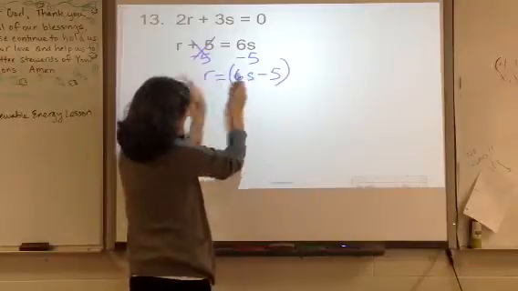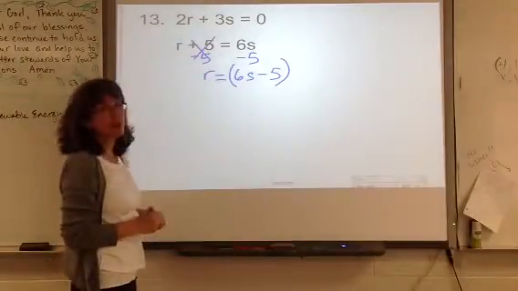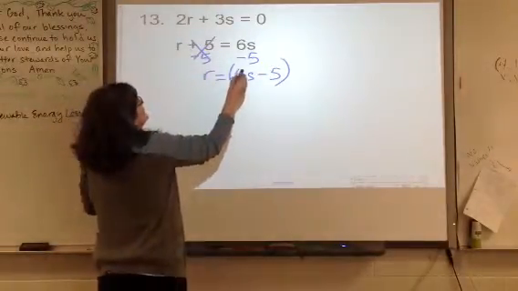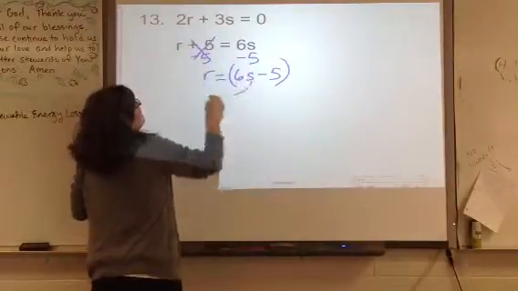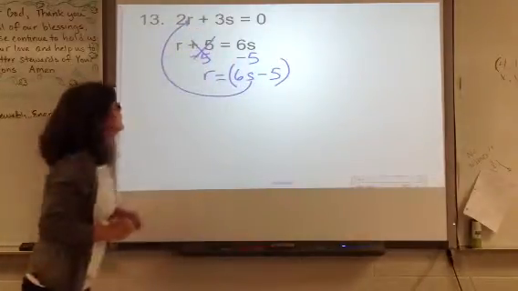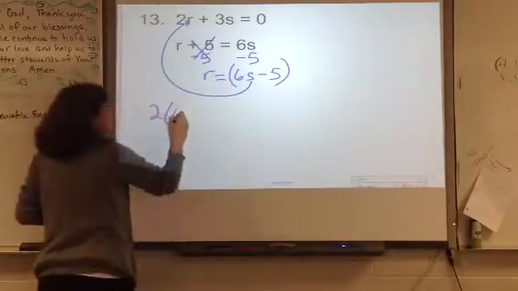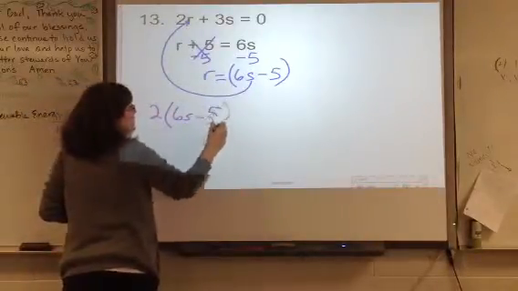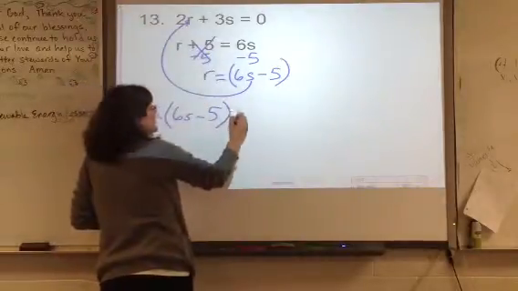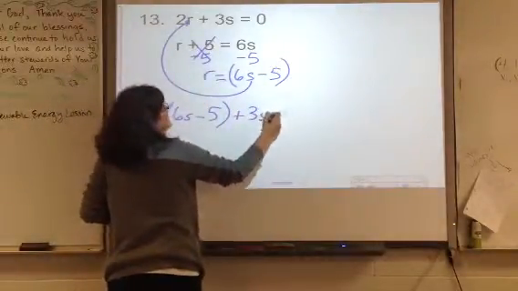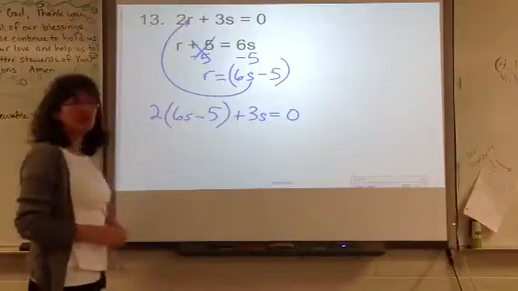R equals that junk right there, 6s minus 5. So I can replace the R right there with this junk. So I'm going to rewrite it as 2 times the junk, which is standing in for R, plus 3s, equals 0, and then we solve.